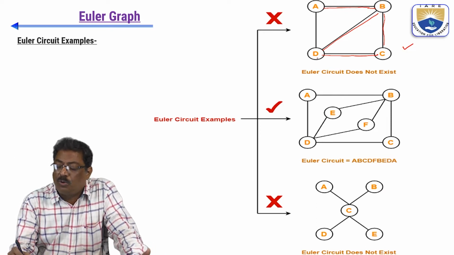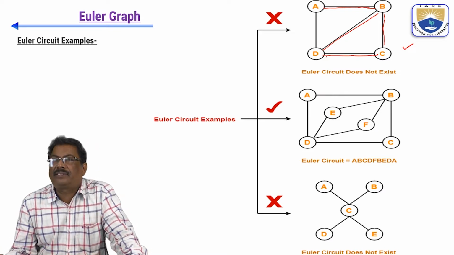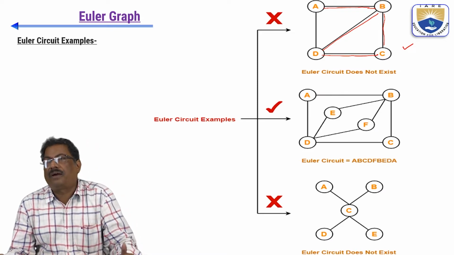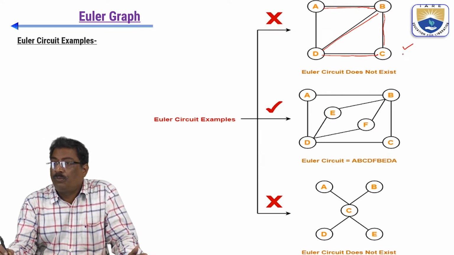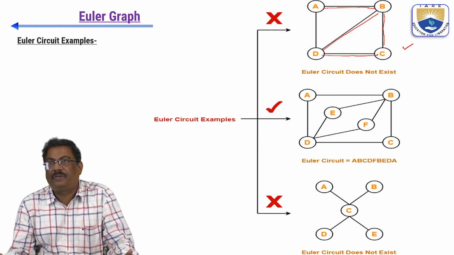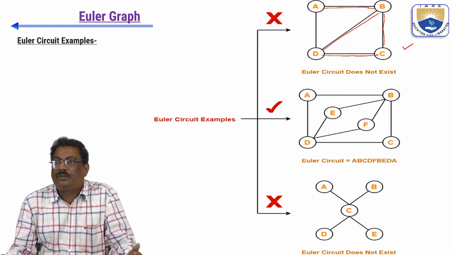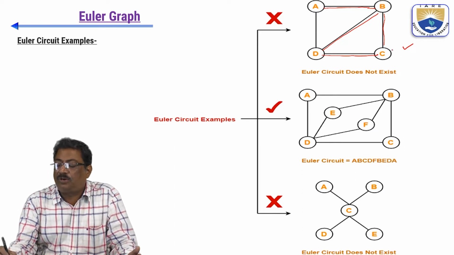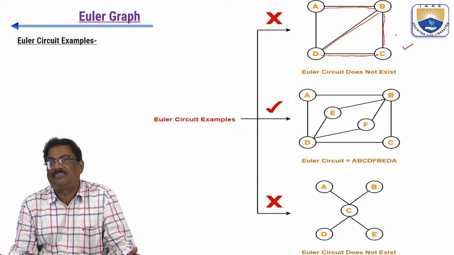If I move in any one direction, one edge has to be traversed more than once. Vertices are allowed to repeat, but edges are not allowed to repeat. So this is known as a Euler circuit, but it is not possible here. So a Euler circuit does not exist in this graph.